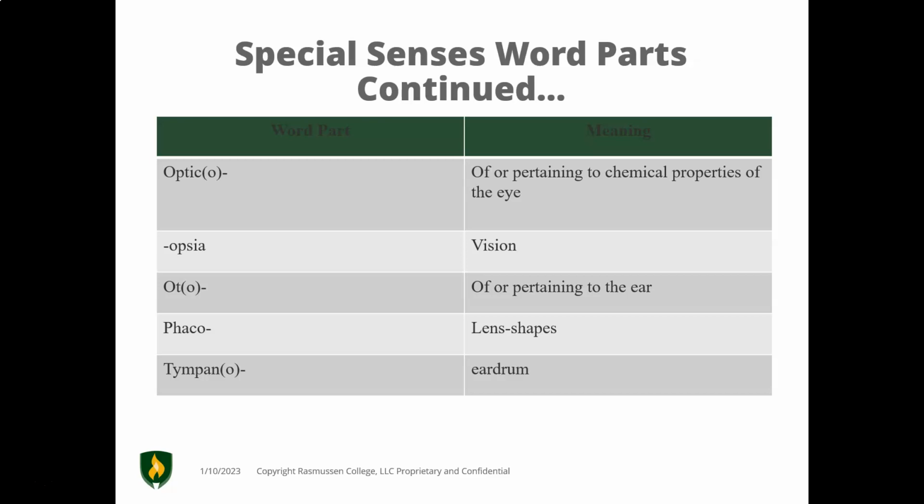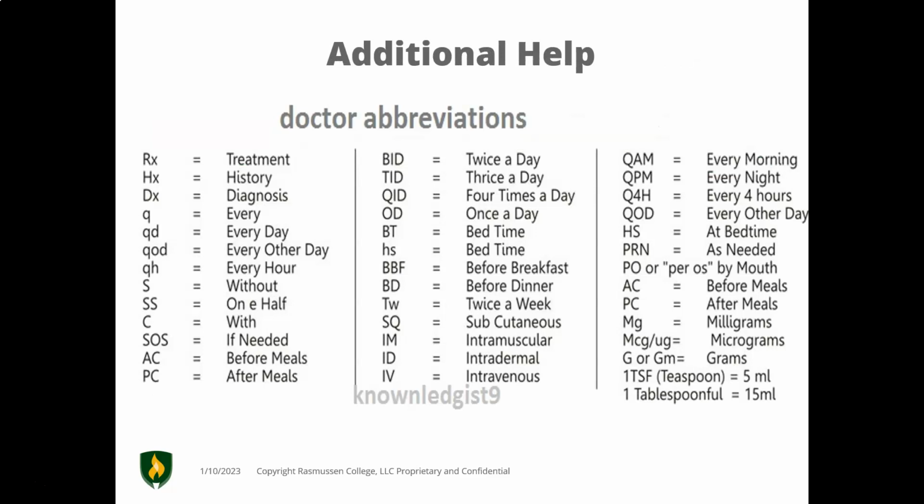Now, one of the other things I want to give you is these general abbreviations, because you're going to want this slide for your course project this week. These are common abbreviations that are used by providers when it comes to medications and other names. The important ones are going to be the ones in columns 2 and 3, this column here and this column here.